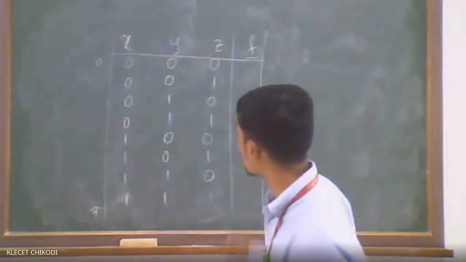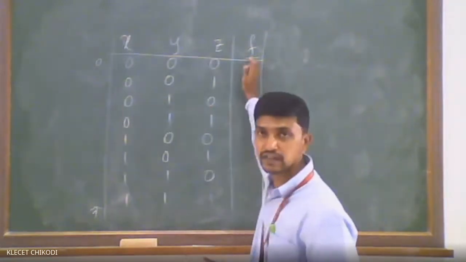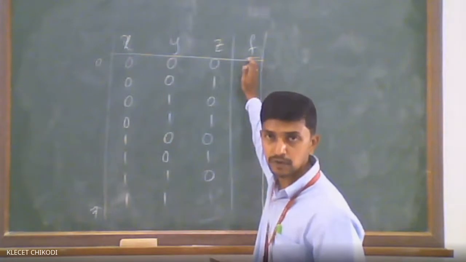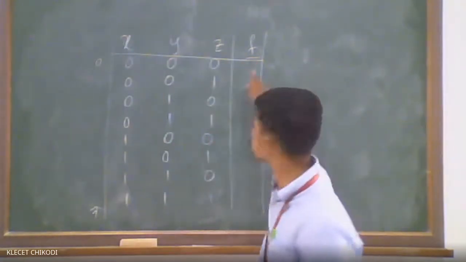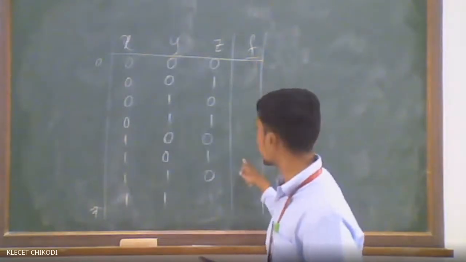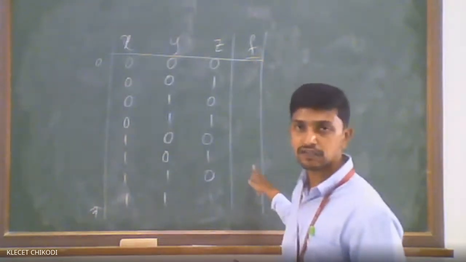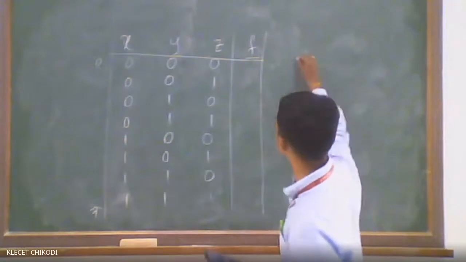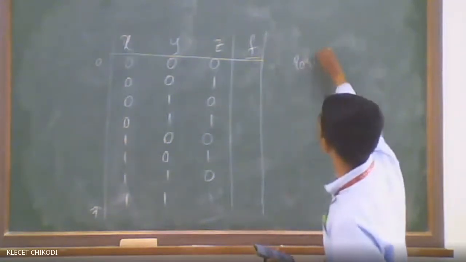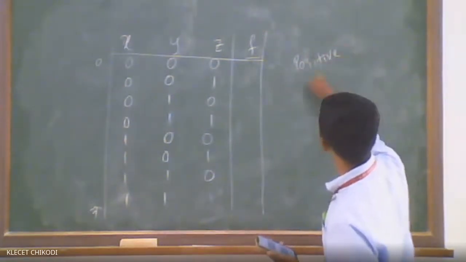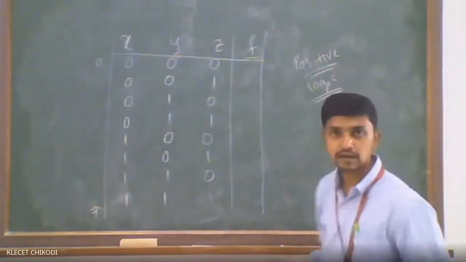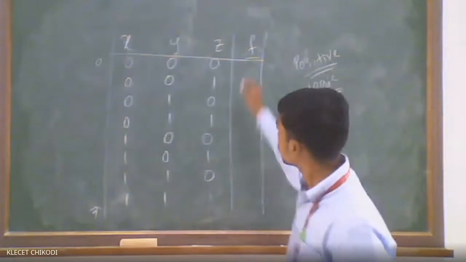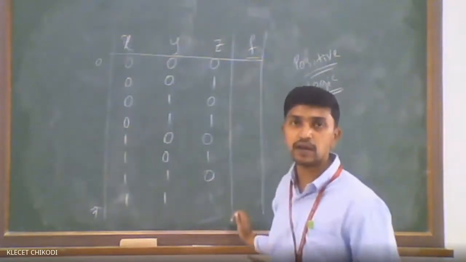That means for which input combinations this function is true, only that they have made as a logical high. Again, this is considering the positive logic they have written.